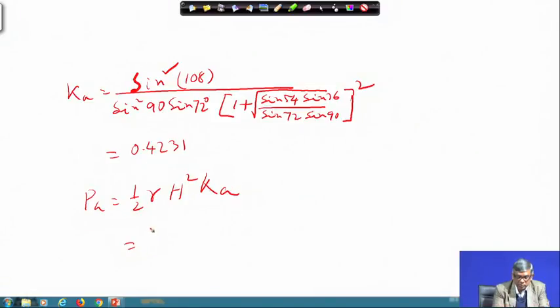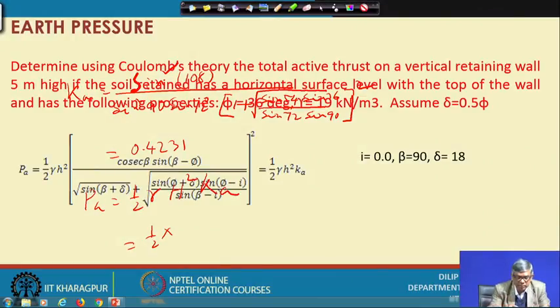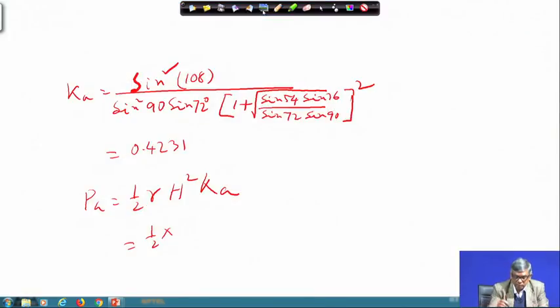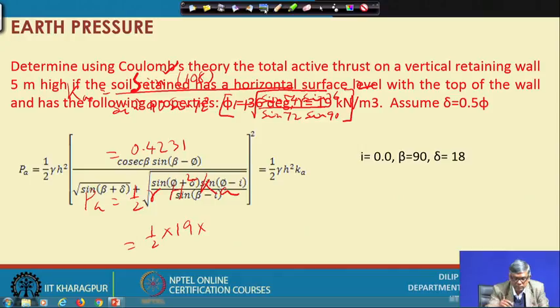that is another formula. So, half multiplied by gamma, which is given somewhere; gamma was 19, and h was, I think, 5 meter.